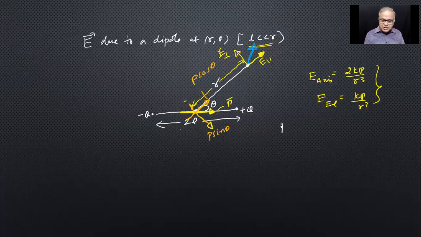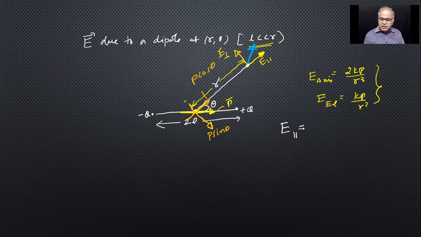Now I can write E parallel equals, from here, 2kp cos theta by r cubed, because the dipole here is p cos theta, not p. E perpendicular will be kp sin theta by r cubed.